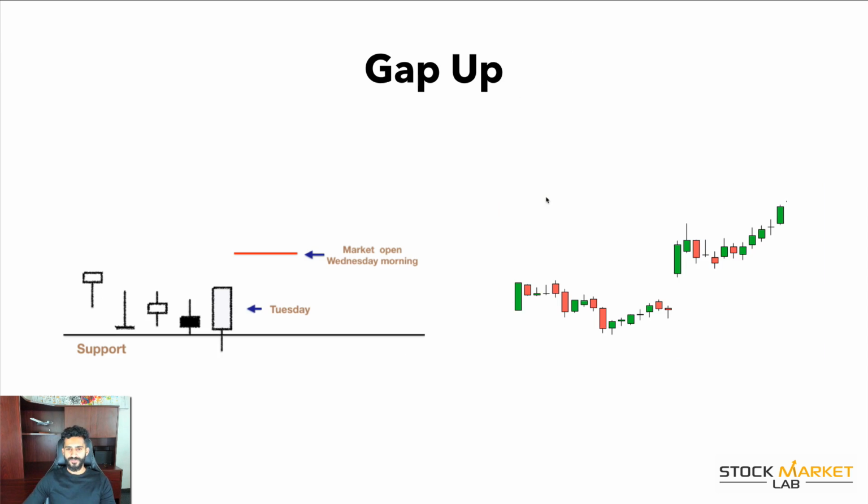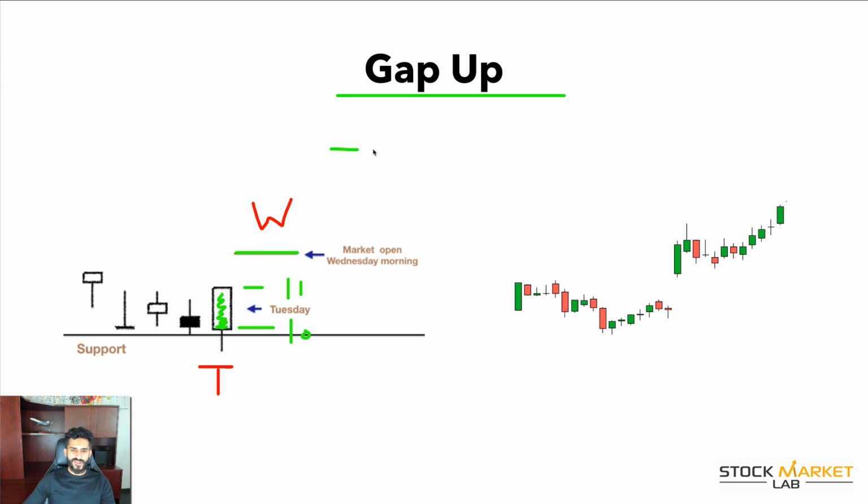So for example, what is a gap up? Let's say this is Tuesday, and the next day is Wednesday. Tuesday, the stock closed as a green candle. It opened at 10 and closed at 11, that's why it's green. The next day, for it to gap up, the stock would have to open above 11.